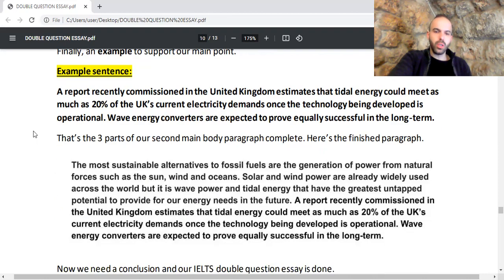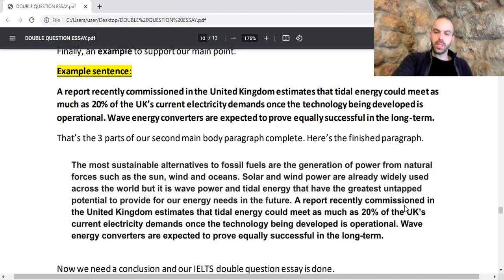So now I'm going to give you some time to read the whole paragraph again. As you can see, we have the word commissioned here in the example sentence.